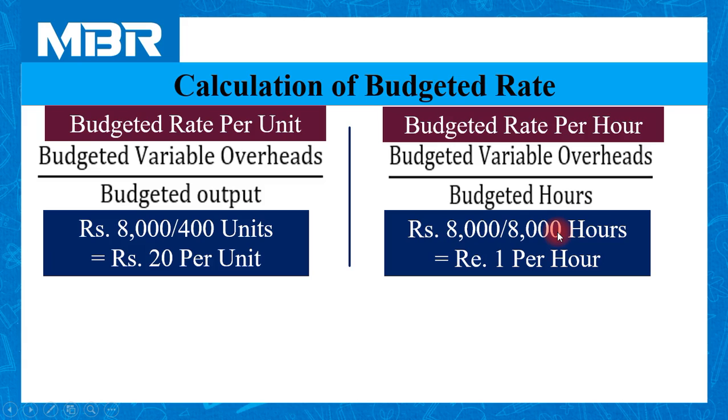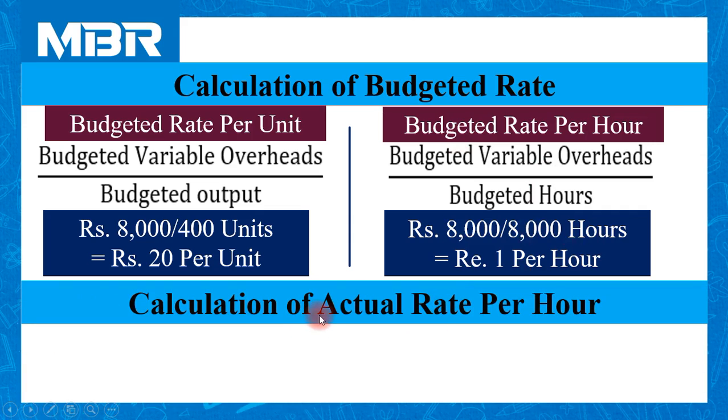The examiner has provided information that we need 20 hours per unit and our budgeted production is 400 units. So 400 units multiplied by 20 hours, total 8,000 hours. In this way, we calculate total budgeted hours for the budgeted rate per hour. It is rupees 1 per hour.